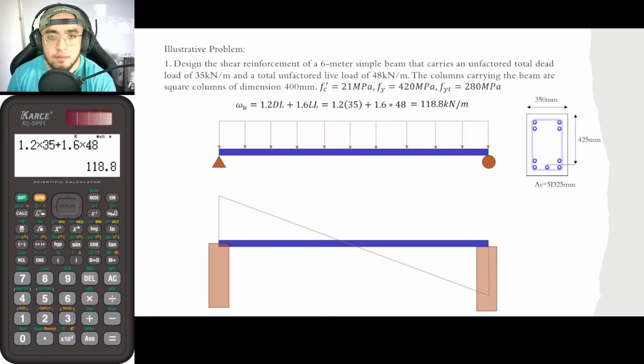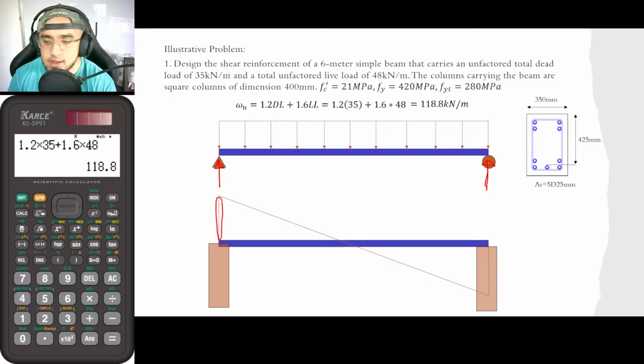In order for us to successfully know what the value of our shear here is, basically this is the reaction. So we should now solve for the support reactions here. It would now be up to you how you would be solving for the support reactions. It is either you would be getting the summation of forces horizontal or get the moment about a particular point.